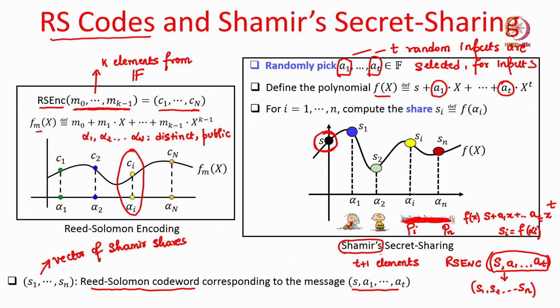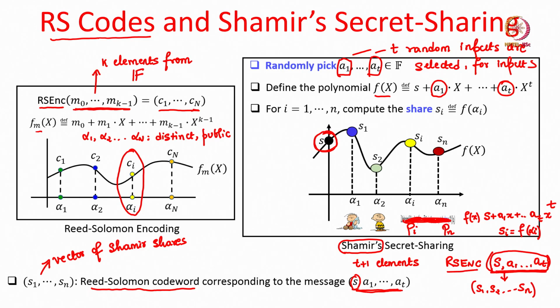That means, as part of the Shamir secret sharing, even though the input size is 1, it is expanded internally into an input of size t plus 1 by appending t random components, and then we can visualize the entire computation of Shamir secret sharing as applying the Reed-Solomon encoding algorithm on the expanded input.